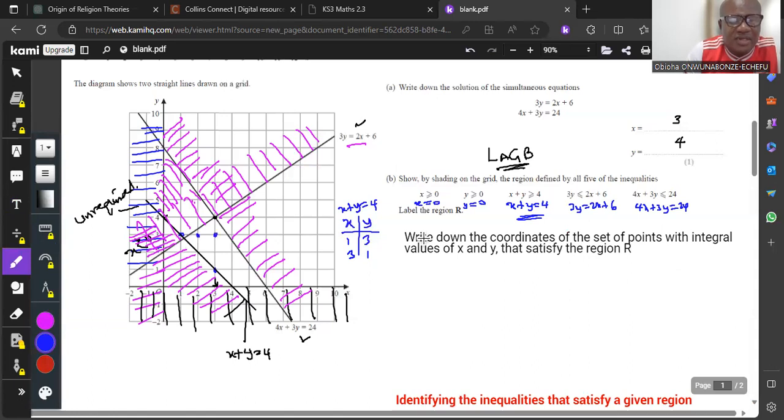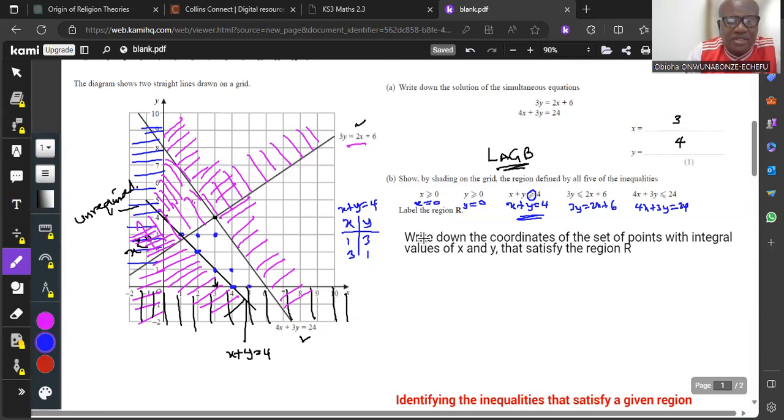This is one of the points one can also see. And guess what? This point is also there. Even though it's on the line, remember the line says greater than or equal to. So that means points on the line are included. So this is also a point. This is also included. By the way, this point is also included because x is 0 and y is 4 here. This point is also included.